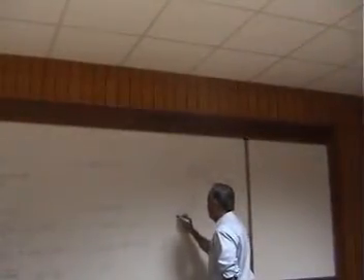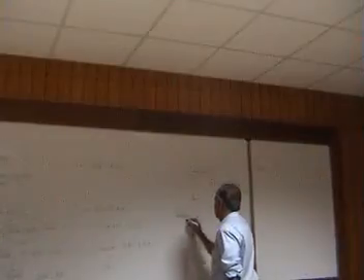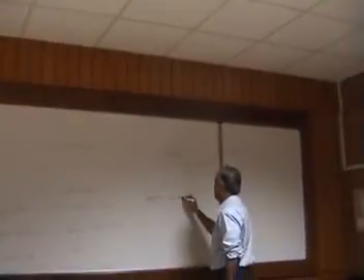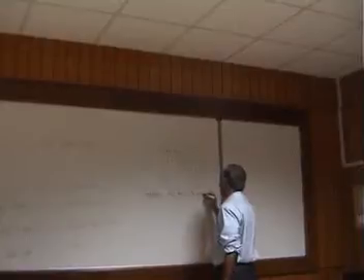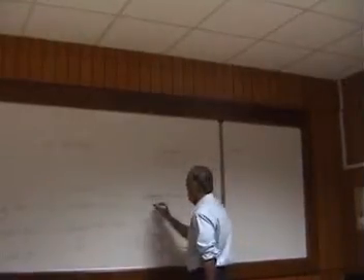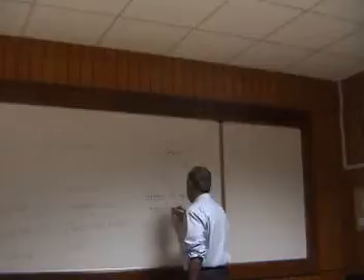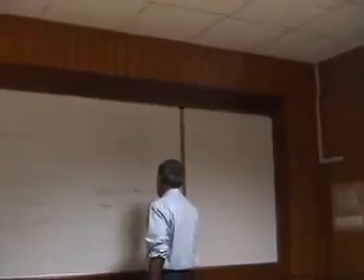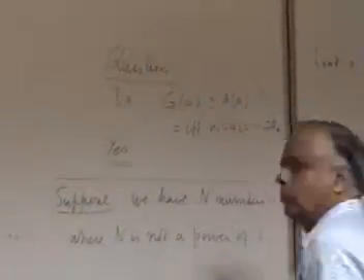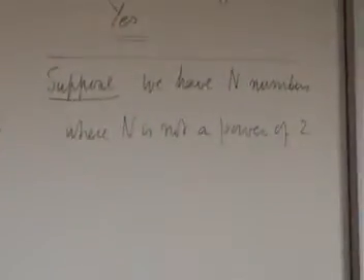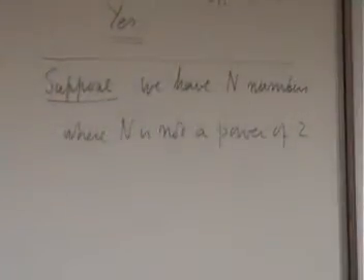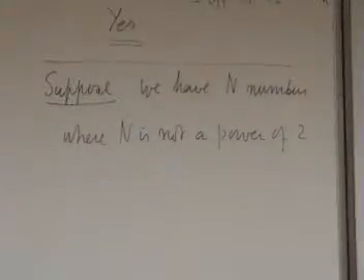The last case is therefore, suppose we have n numbers where n is not a power of 2. Trying to prove it from I to I plus 1 is not easy. It's not possible.